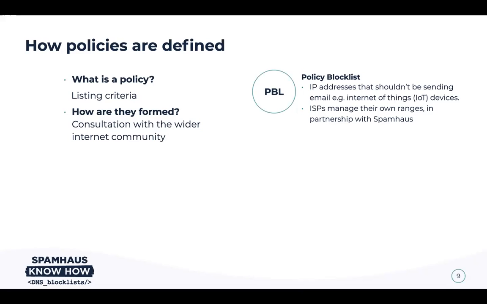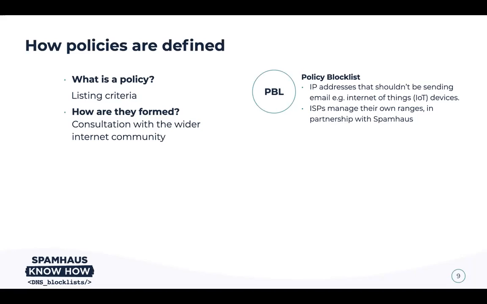And the best example of that, I guess, is the policy block list that we have, the PBL, which is one of our most well-known data sets. The idea behind the PBL is to have a list of IPs, or IP ranges, that shouldn't send email directly to a mail server.